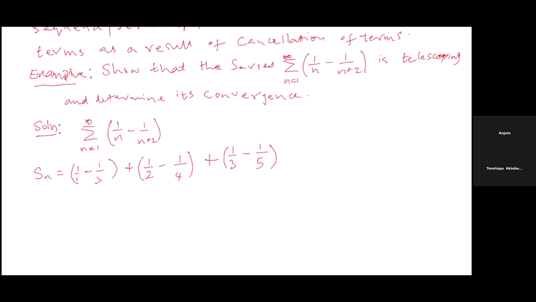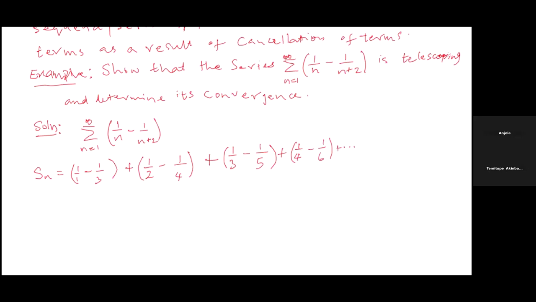Plus, when n is what now? 4. When n is 4, yes. So 1 over 4 minus 1 over 6. And that trend will continue to when n is n minus 1.